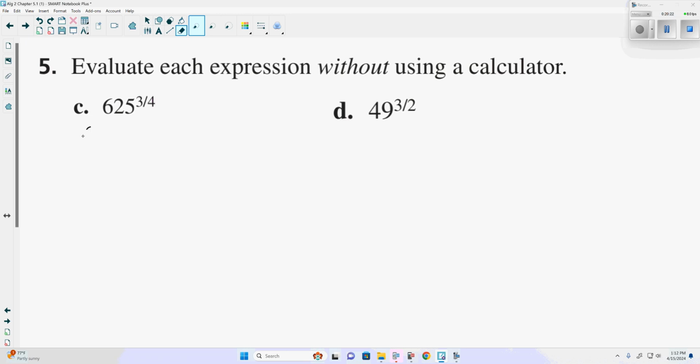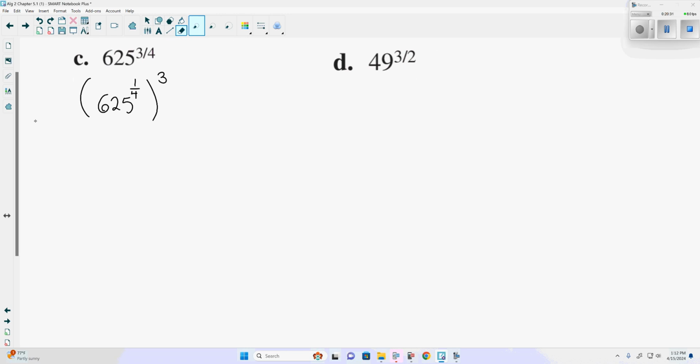625 to the 3/4. Now, we could evaluate or kind of break this up as 625 to the 1/4 to the third. And we're taking the 1/4, so that's the same as the 4th root of 625 to the third. So we're looking for a number that multiplied by itself 4 times is 625. If we're to take a guess, what number do you think? I guess 5.